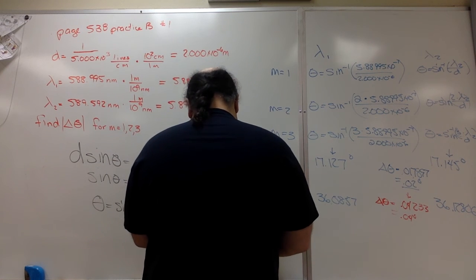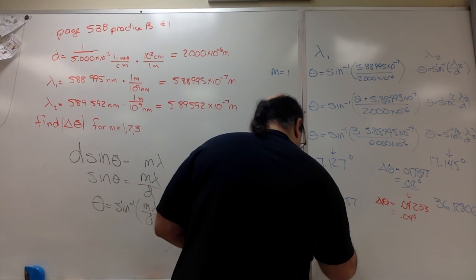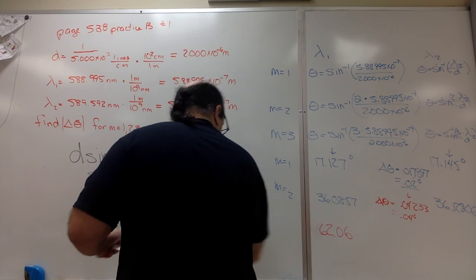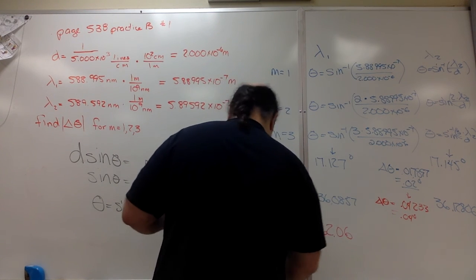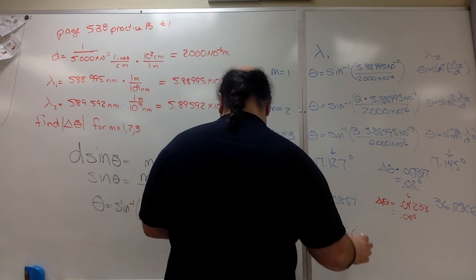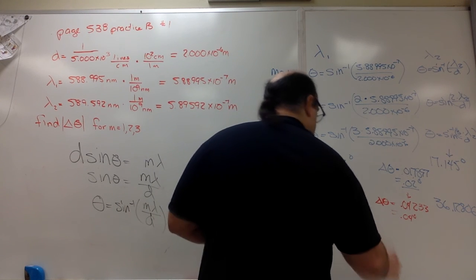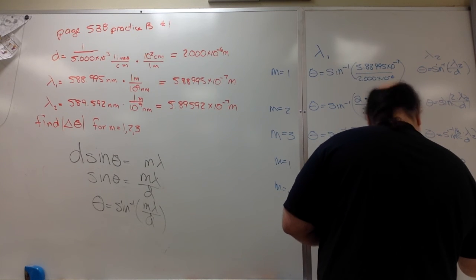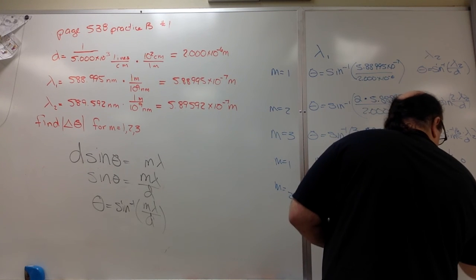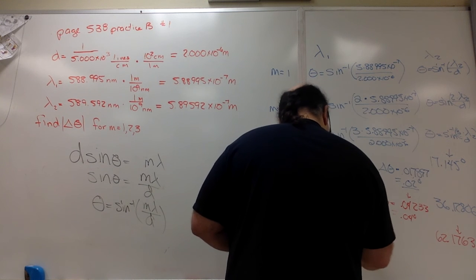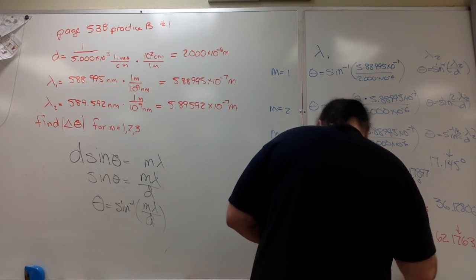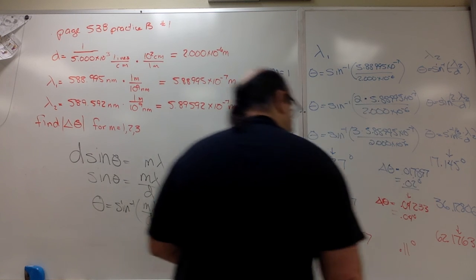Then my last one, 62.00057, and this was 62.1763, again good to 4 sig figs. When I subtract those, I ended up with 0.11 degree.